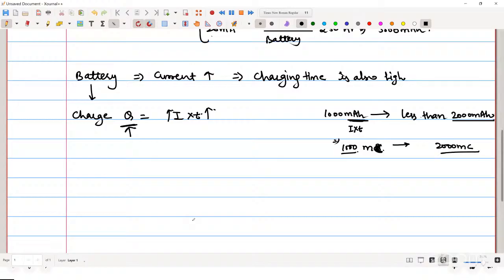This will be discussed in this week one. Power is nothing but voltage multiplied by the current.